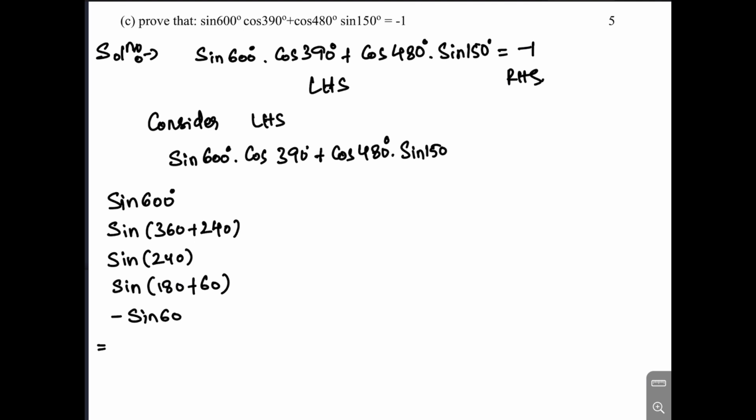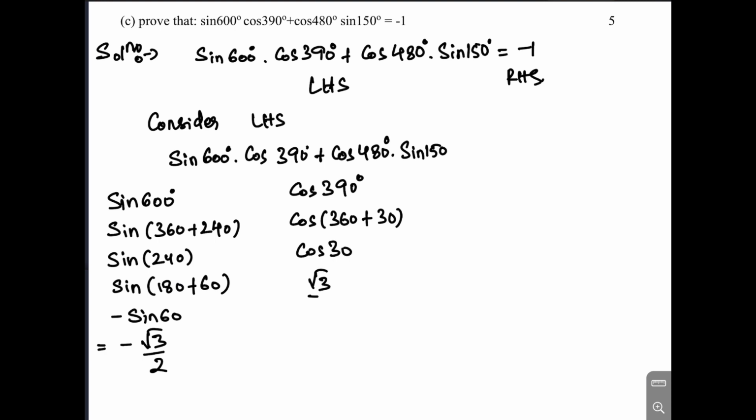The value will be here minus root 3 by 2. Similarly, cos 390. Cos 390 can be written as cos of 360 plus 30, so cos 30. So cos 30 value is root 3 by 2.